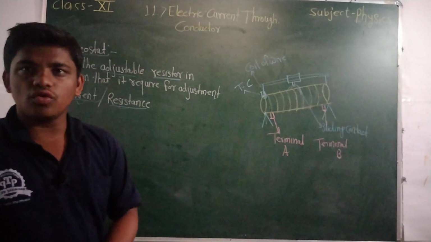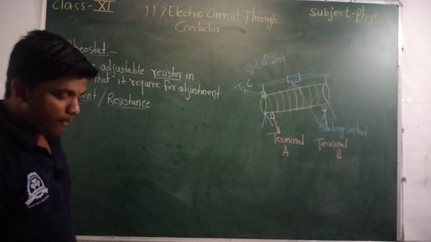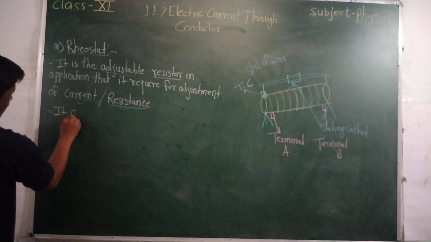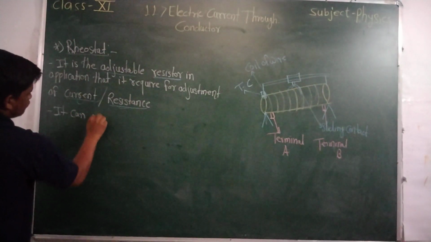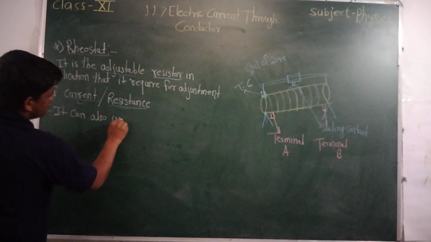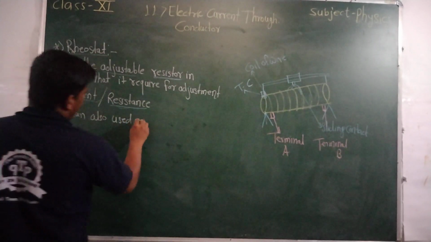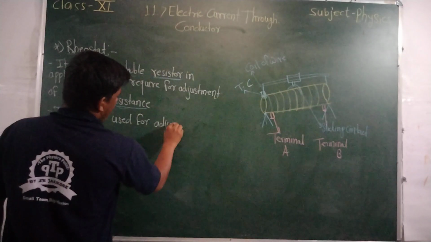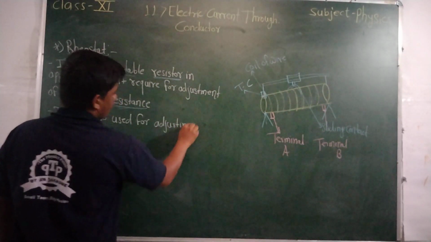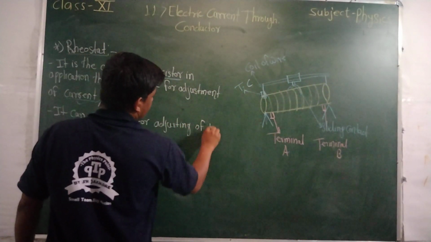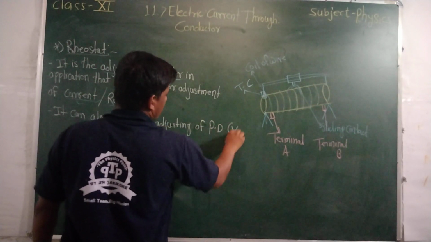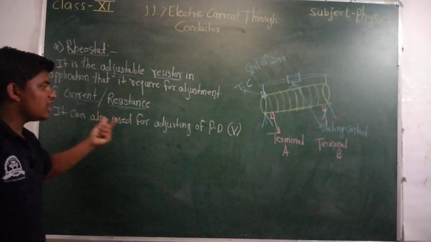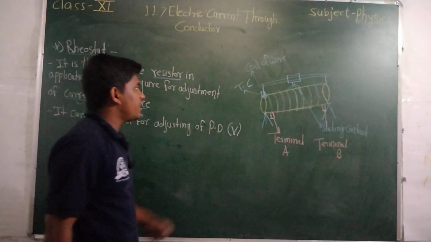It can also be used for adjusting the potential difference, that is PD, which is V. But we are changing the resistance and the current, so how can we change the potential difference?